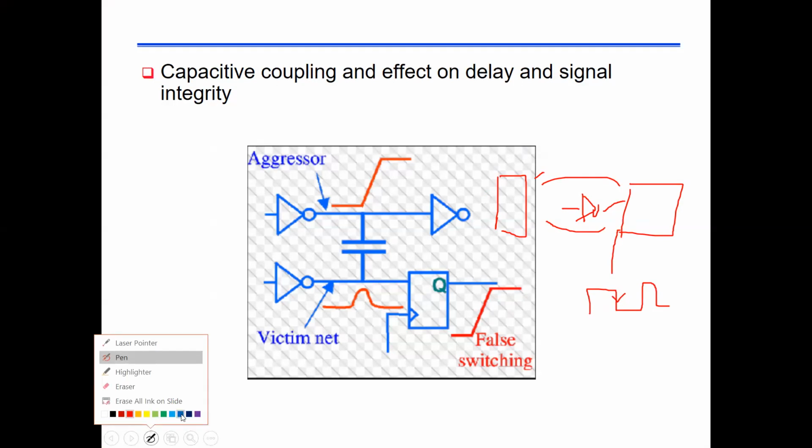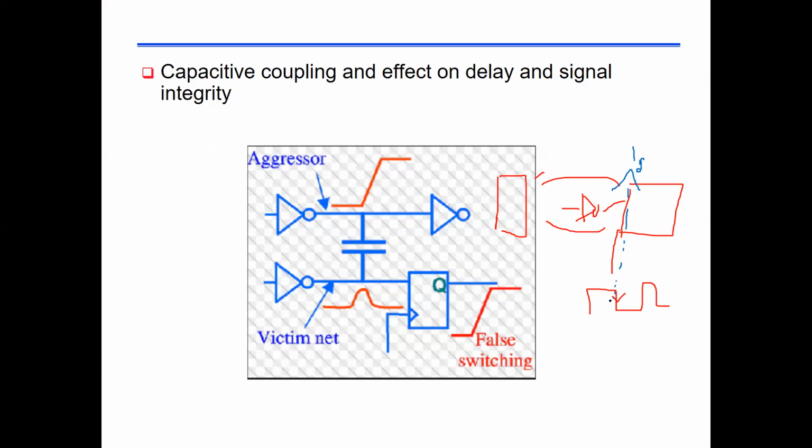Now if the noise happening on Q is large, and it happens around the same time as I am latching at the falling edge of the clock, the transistors in the latch may be turned on by this noise signal, and another one might be turned on by the clock and clock-bar that flip them.